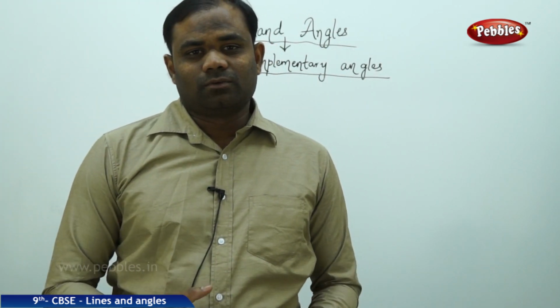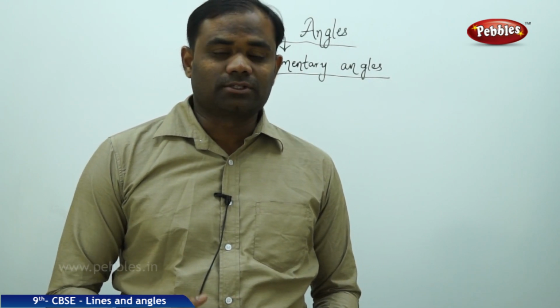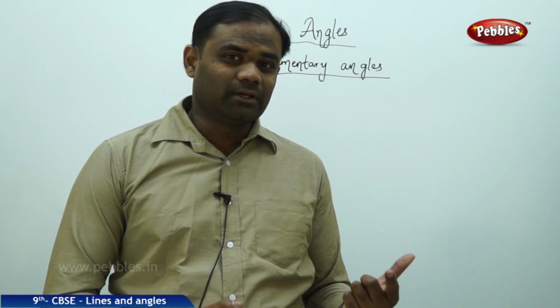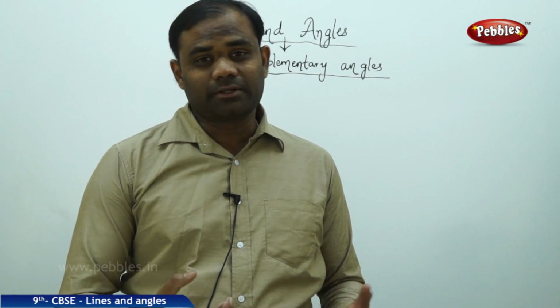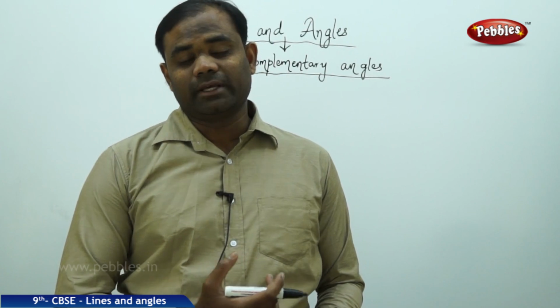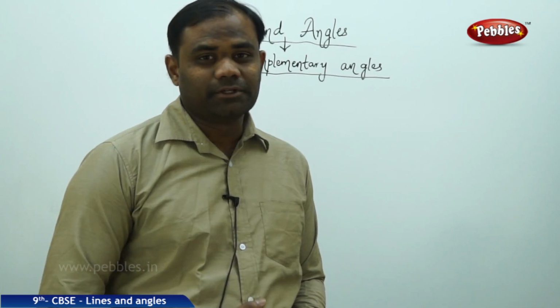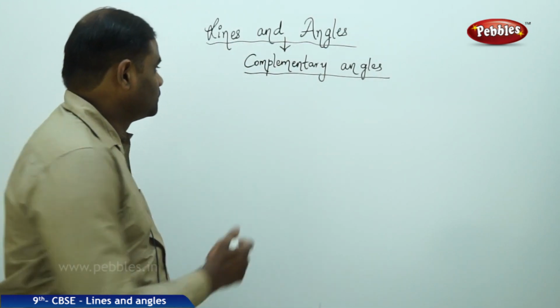The angles whose sum is 90 degrees are called complementary angles. That is, when I take the angles x and y, if x plus y equals 90 degrees, then we say the angles x and y are complementary angles. Let's see the definition more briefly.